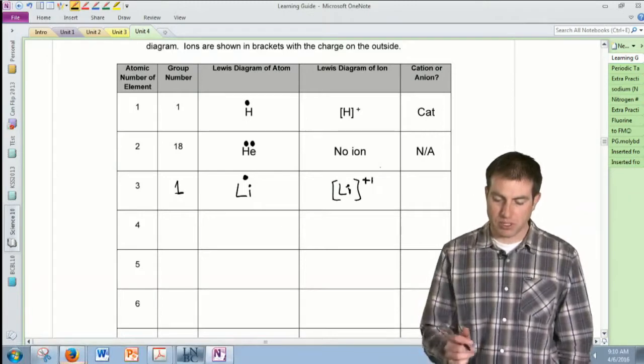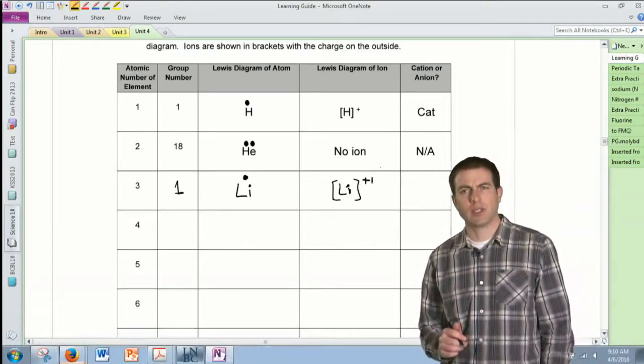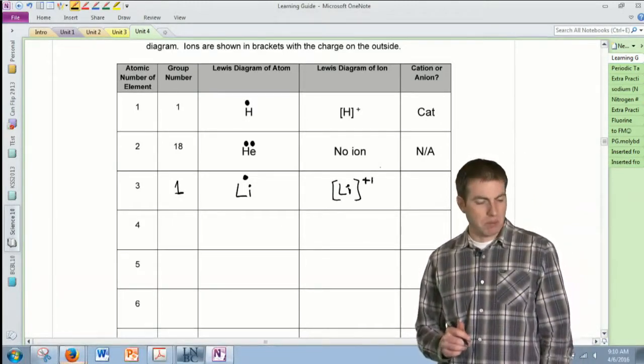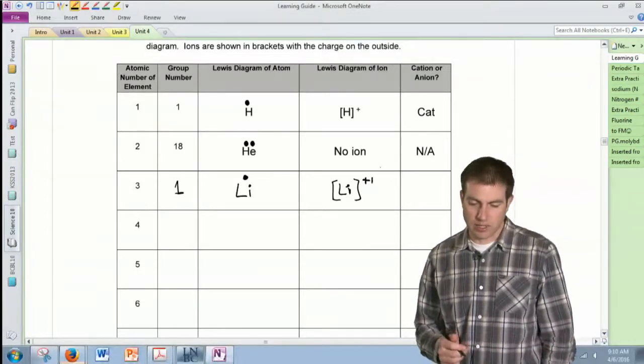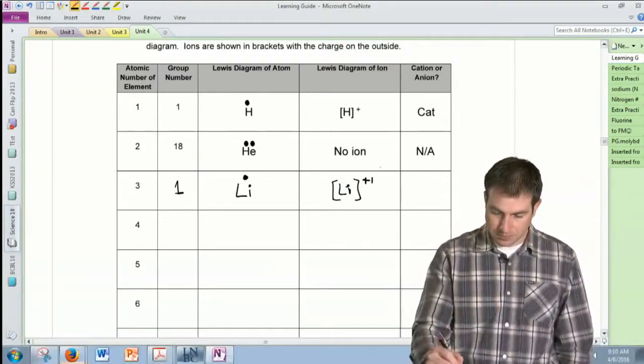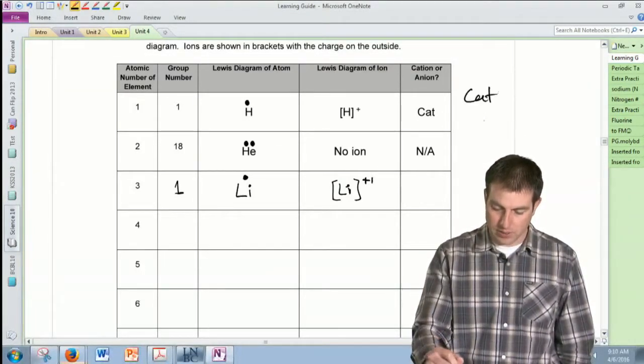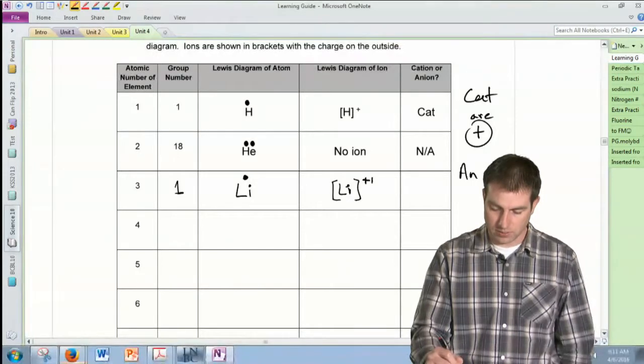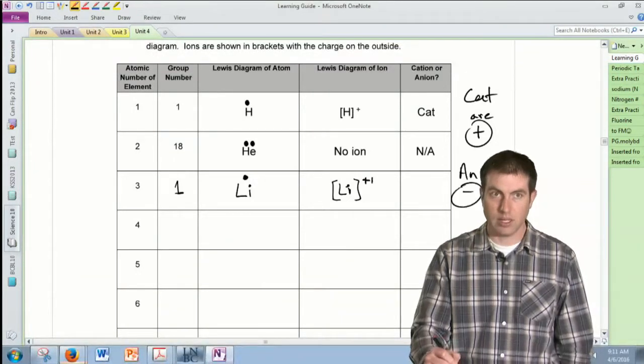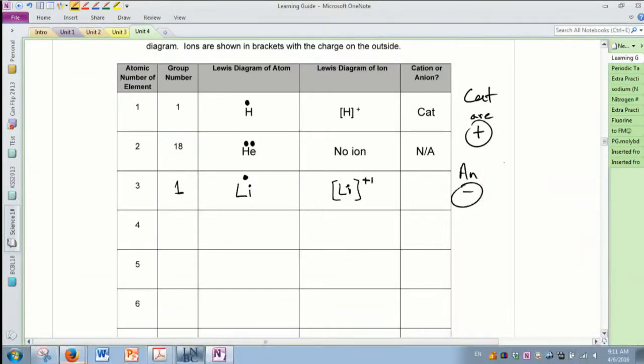I never really mentioned cations or anions, and I'm not sure it came up in the notes even, but it is kind of important. Cations are positive, and anions are negative. What's an easy way to remember that?